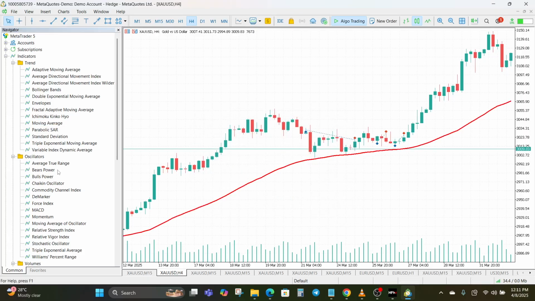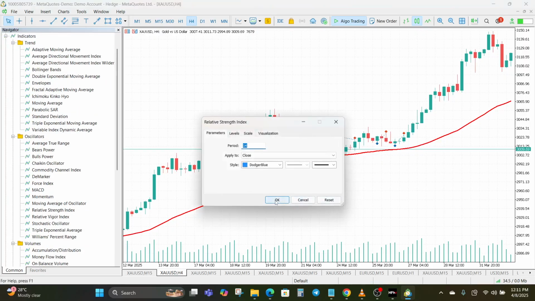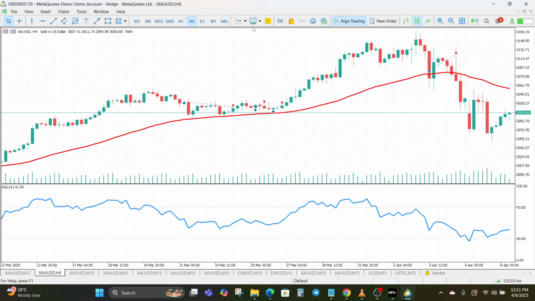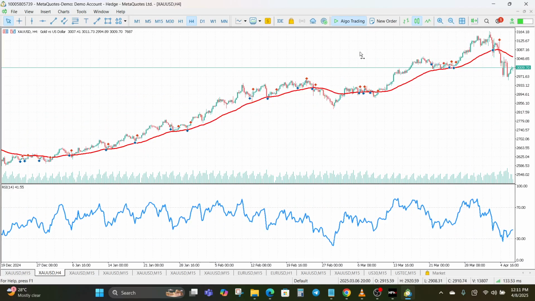You can use RSI for momentum, and clearly mark support and resistance zones on your chart.